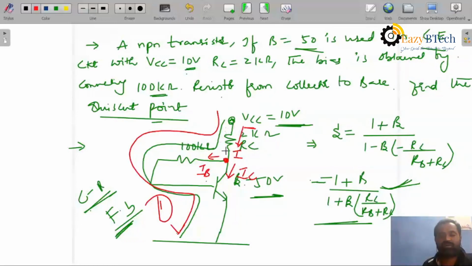VCC is equal to I into RC plus IB into RB plus VBE. We'll write in this manner.